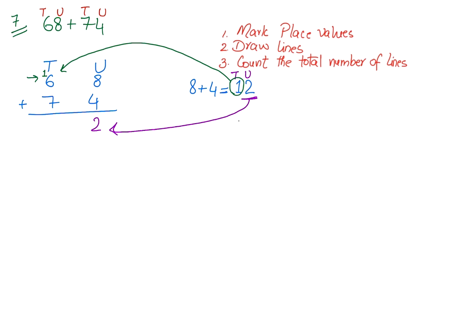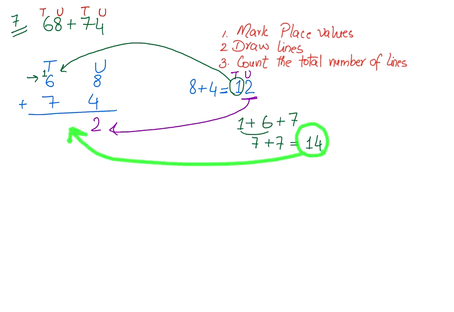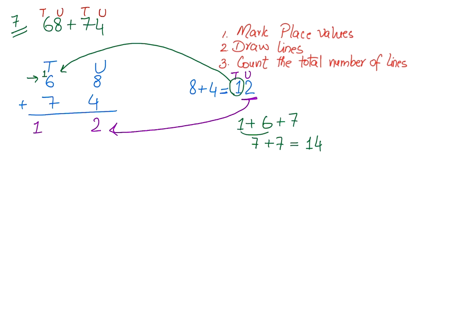So you will do 1 plus 6 plus 7. 1 plus 6 is 7, and then 7 plus 7 is 14. The sum is a 2-digit number, so you will write the entire number as it is in the answer space. Here you will write 14. So the result of 68 plus 74 is equal to 142.